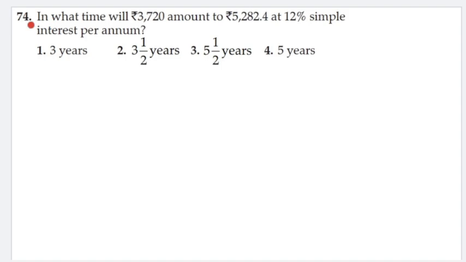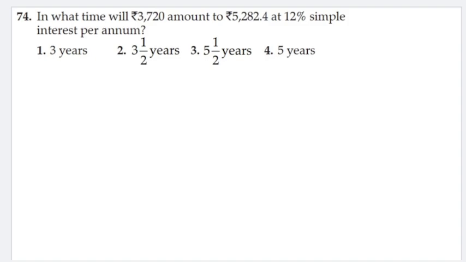So we have to calculate the time in which this principal amount will be converted to this amount on a simple interest of 12% per annum. So first what we have to be careful about here is we have to just know what is given in the question, because we have specified formulas to find this.